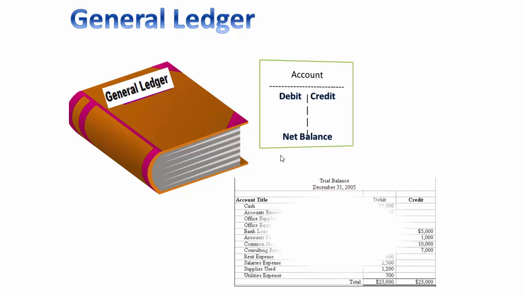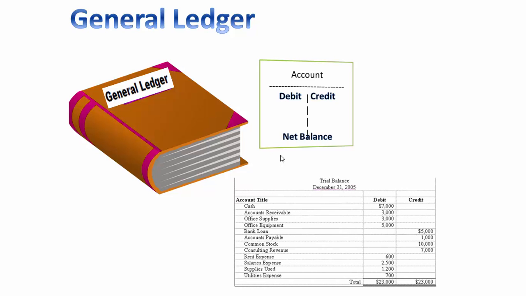And the overall balances that you have, you will represent in a statement called a trial balance. So the debit balance of the account will go to the debit side of the trial balance, and the credit balance of the account goes to the credit side of the trial balance, and all the accounts are represented in the trial balance, right?